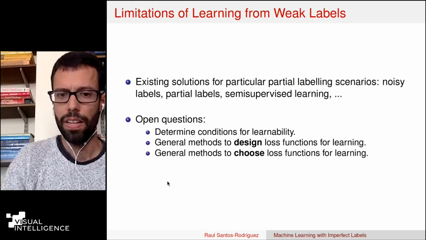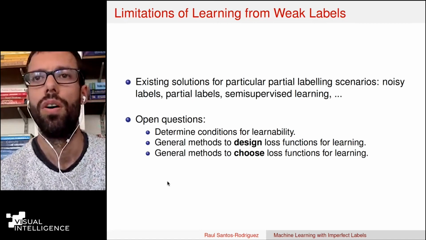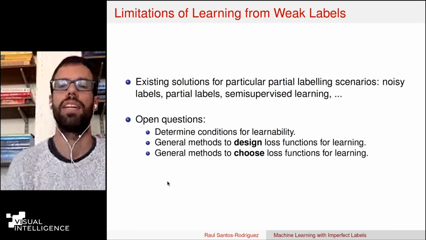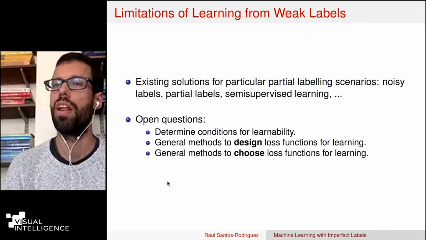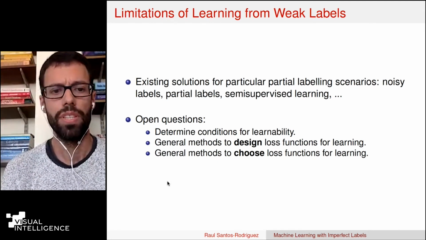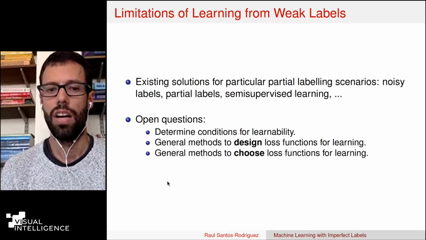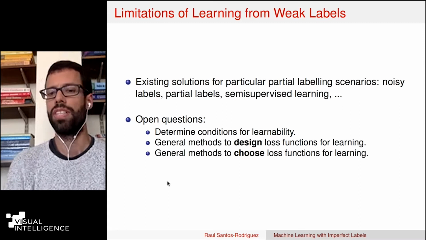So for all these different scenarios and more, because this type of formulation also allows you to deal with problems like multiple instance learning or learning from label proportions and so on, there are solutions that are specific to each case. And also there are common sense solutions.